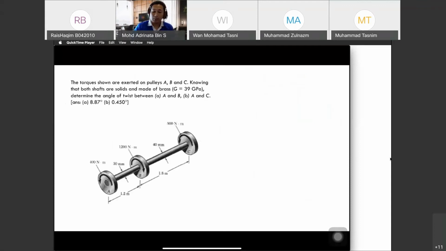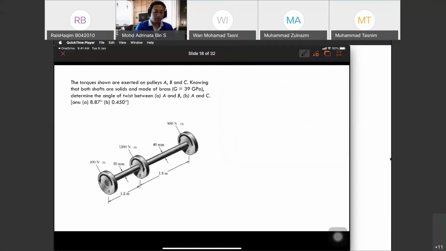This is number 6. The torques shown are exerted on pulleys A, B, and C: 400, 1200, 800. Knowing that both shafts are solid and made of brass, so J is equal to pi over 2 C to the power of 4.